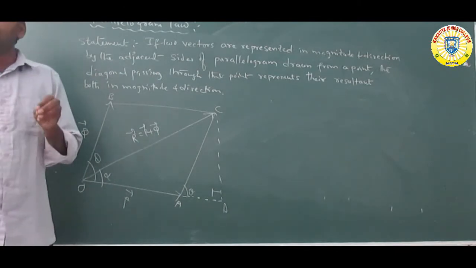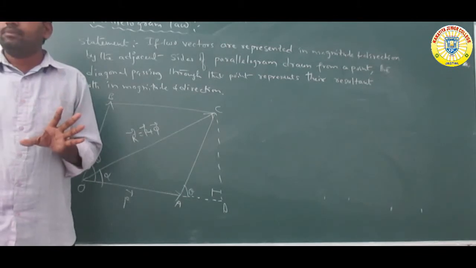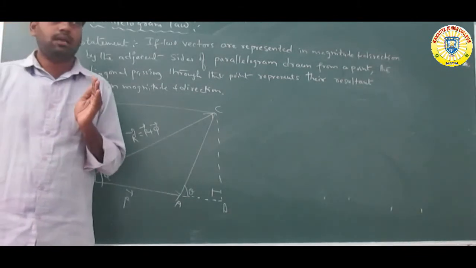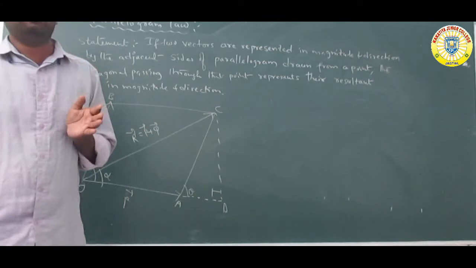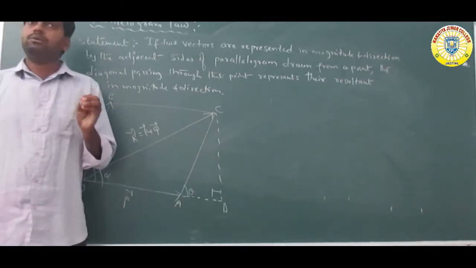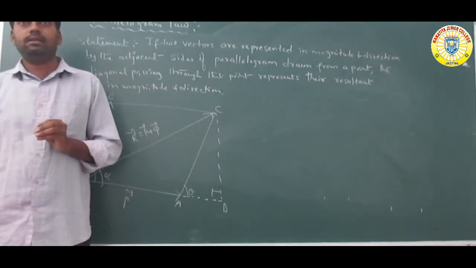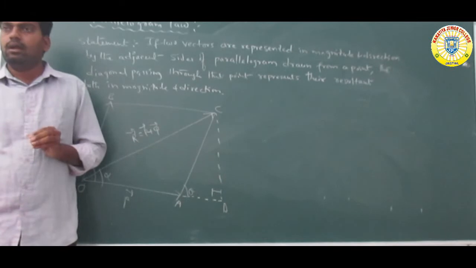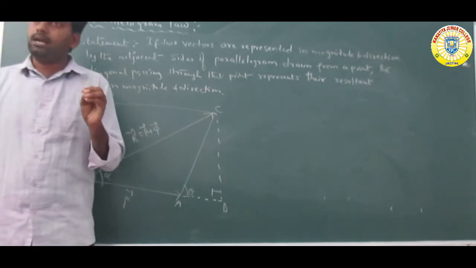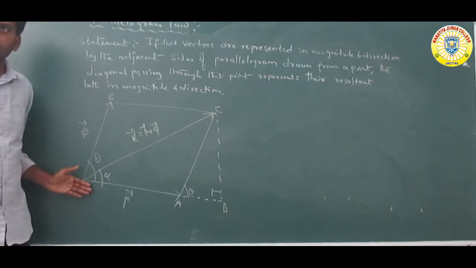Given that information, the two vectors considered are P vector and Q vector. They are represented in magnitude and direction by the adjacent sides of the parallelogram drawn from point O. Got it?